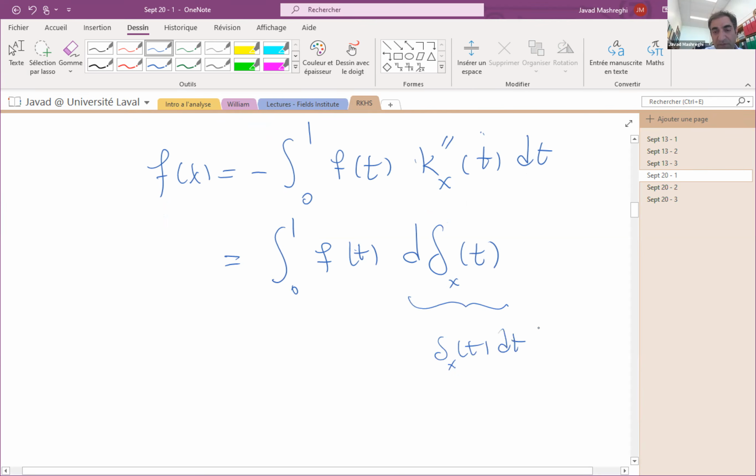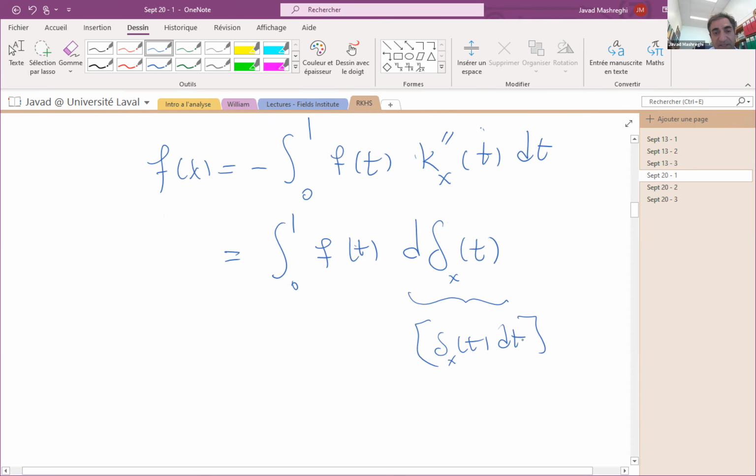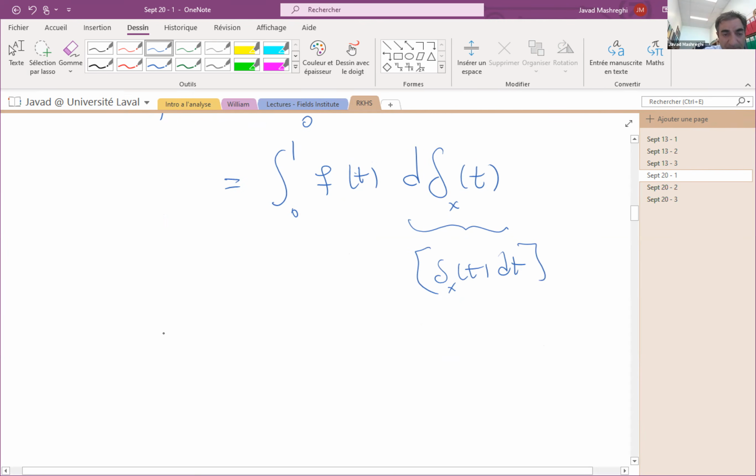So you need to be careful which text you are looking at. And if we compare this, we see that k has to satisfy this identity, which is a differential equation in the sense of distribution theory.